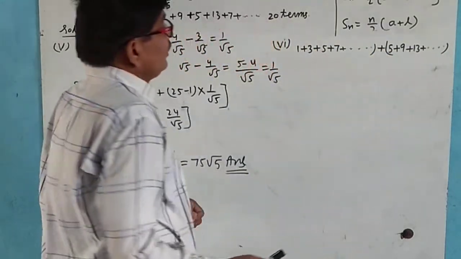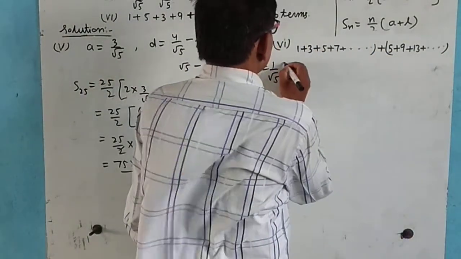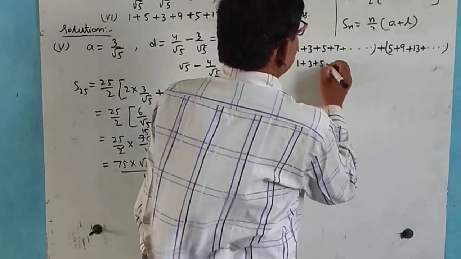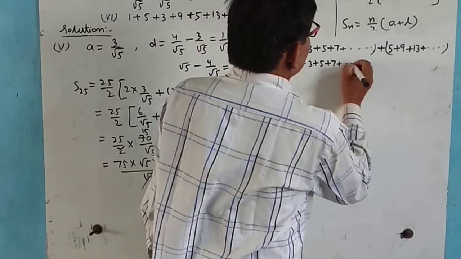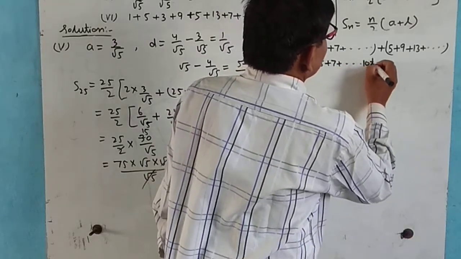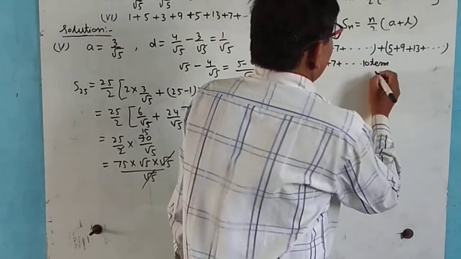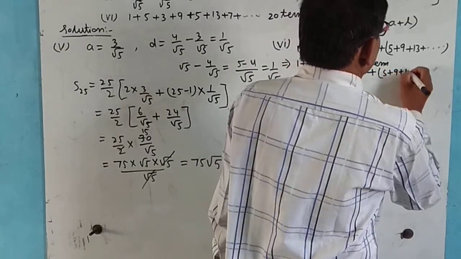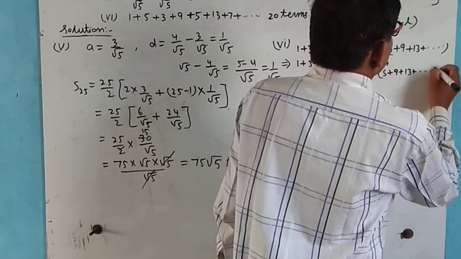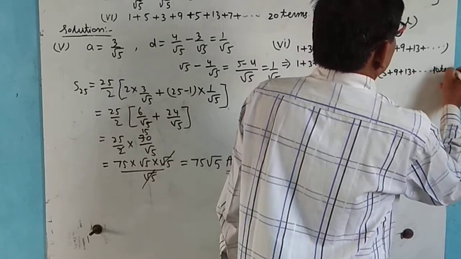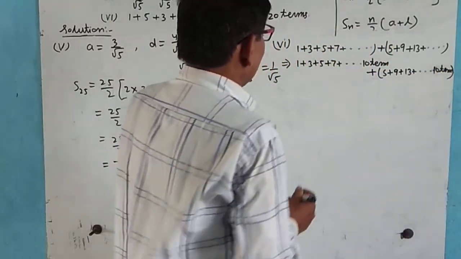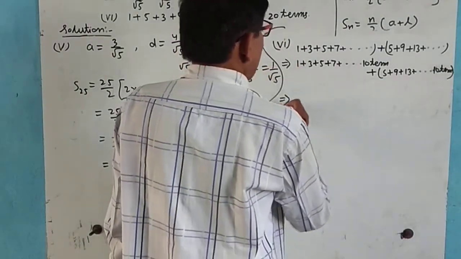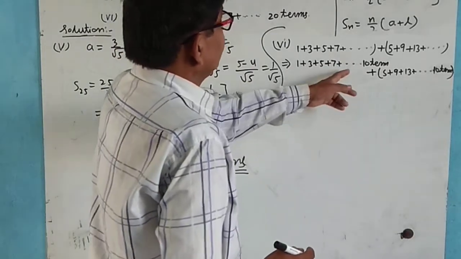So 10 terms of this is 1 plus 3 plus 5 plus 7 and so on, and plus 5 plus 9 plus 13, this is also 10 terms.